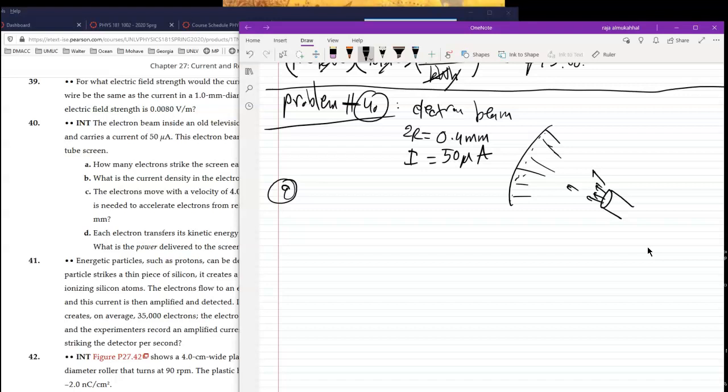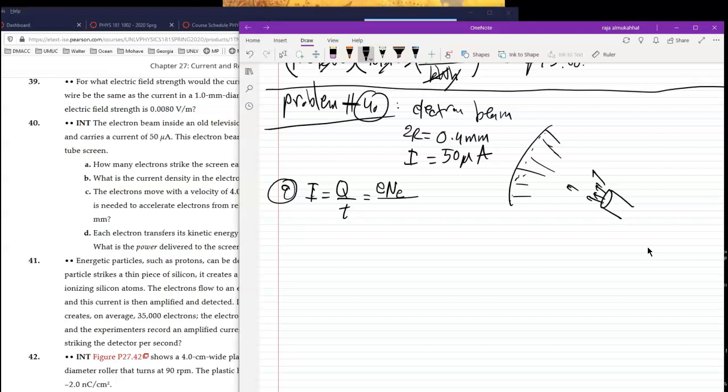Well, we know that the current I is equal to Q over T, right? I want to develop an expression, and then I'll explain it. Q here is e times the number of electrons, correct?